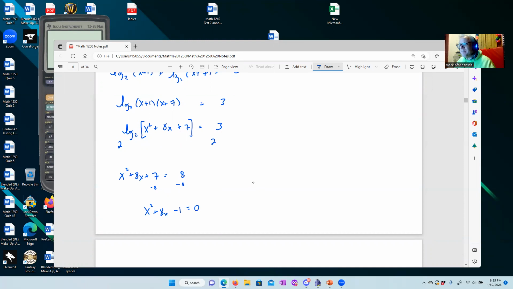Can we factor that? Unfortunately, we can't. If only there was a way to solve a quadratic equation without factoring it. You have to remember the quadratic formula. Oh, really? Are you kidding me? x equals negative b plus or minus the square root of b squared minus 4ac. This example is probably the worst one that you would ever see in a pre-calculus class, simply because there are so many steps.